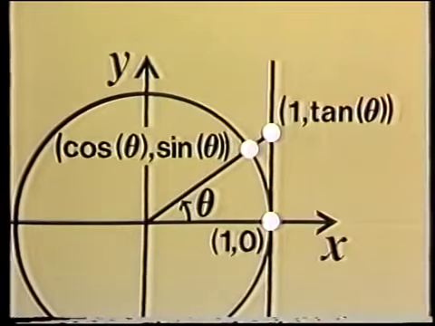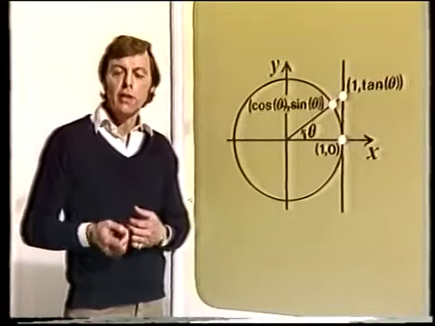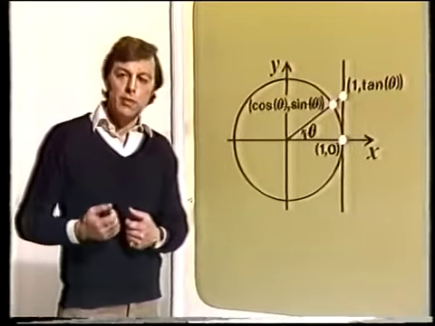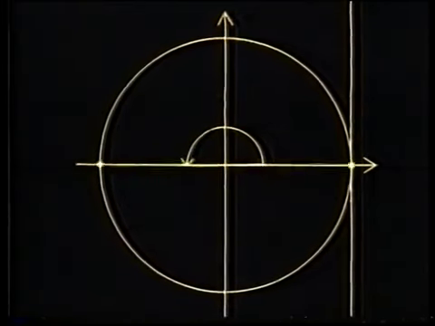So sine, cosine, and tangent can all be defined by lengths on this diagram. Now we've already used this picture to plot graphs of sine and cosine, so to finish the program, let's plot the graph of tangent. We want to plot this length along the tangent.